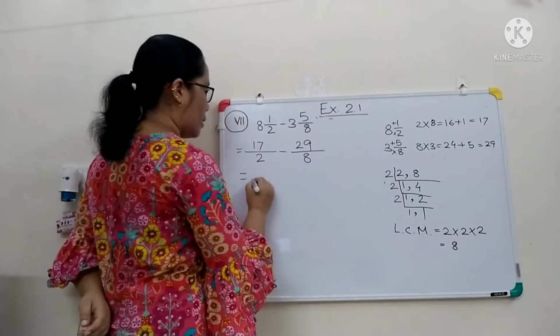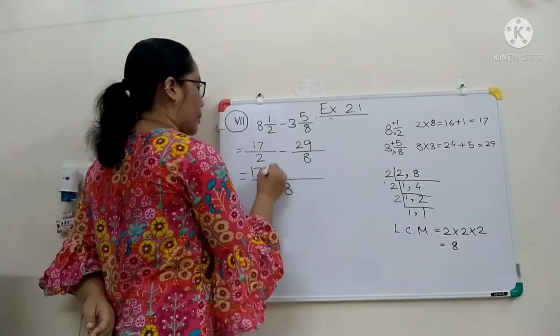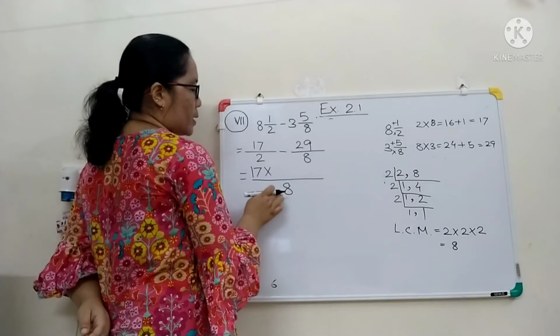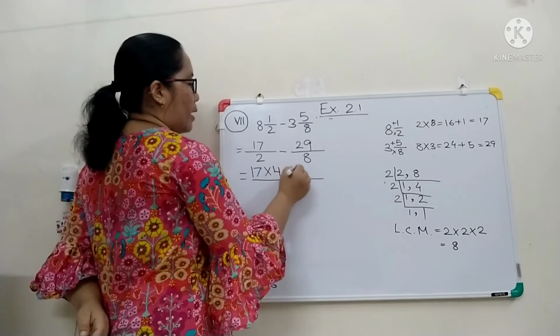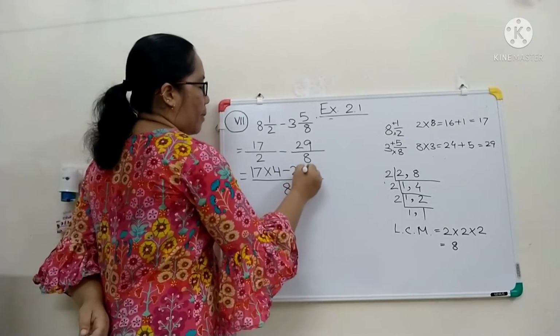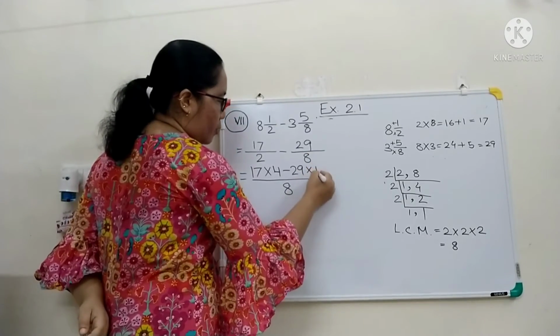So here we will write 8, 17 multiplied by 4, 2 4s are 8. Okay, 2 4s are 8. So we will write here 4, and 29 multiplied by 1. 8 1s are 8. So we are writing here 1.